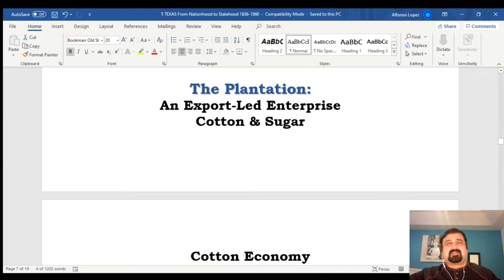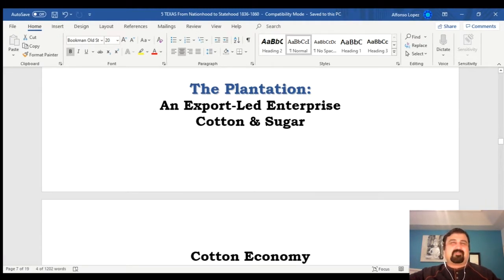So we got, of course, Texas opening their doors for American colonization, which led to the emergence of the plantation, because many Americans who came over to Texas during this process were coming from the U.S. South, and they were in many cases landowners, plantation owners that were looking for additional lands to grow cotton, particularly, but also sugar. Again, sugar is not going to be that significant initially, but they're also looking at lands that they can actually grow and export sugar.